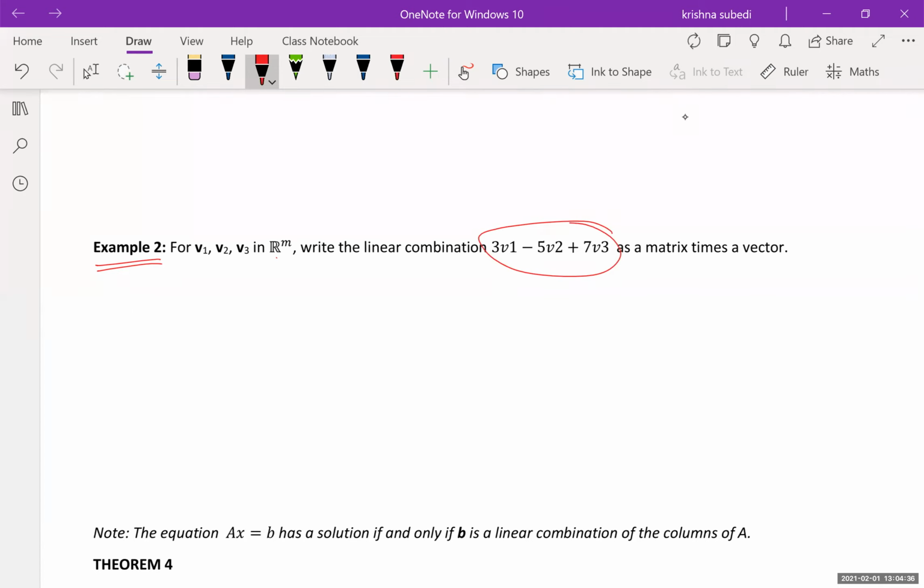So the matrix will be v1, v2, v3, and then the vector will be 3, -5, and 7. If you multiply these two, you're going to get this, right? So it's that simple. So this is in the form of AX, matrix times vector.